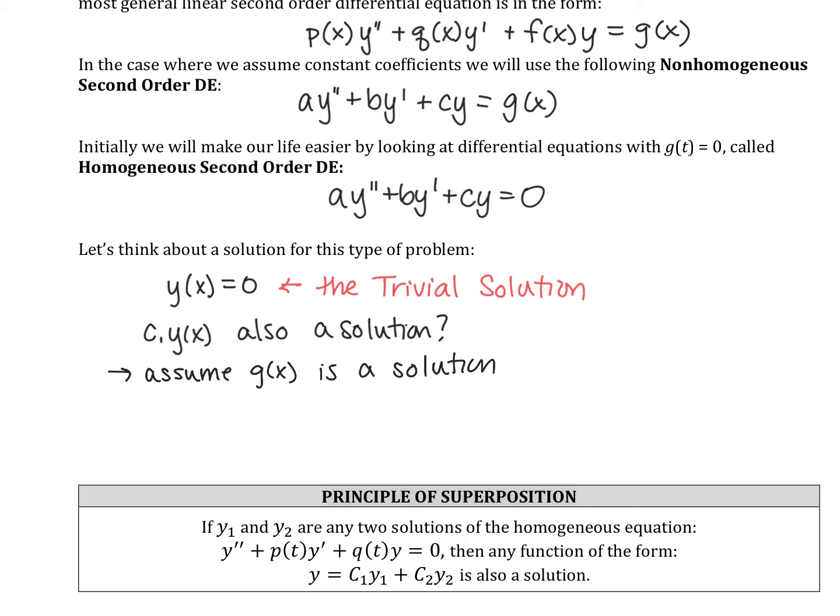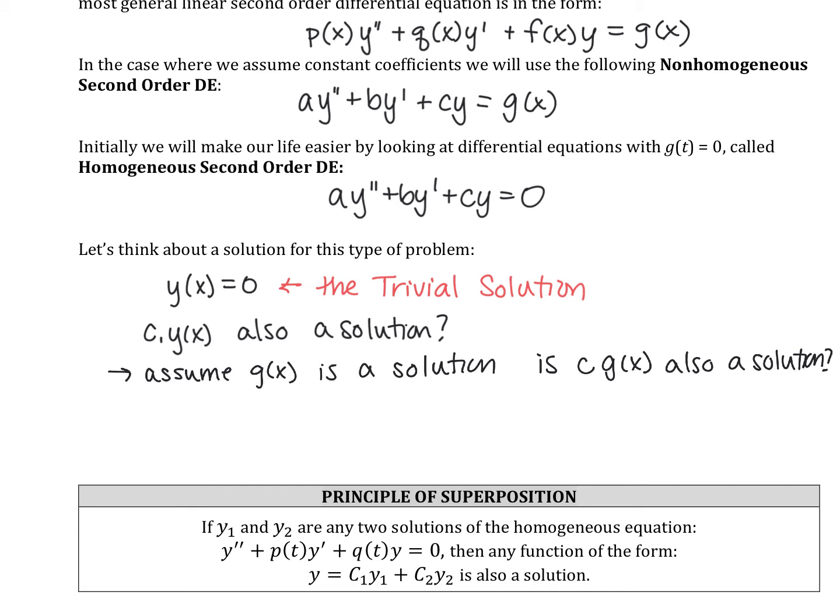If g of x is a solution, is c times g of x, some constant times g of x, also a solution? Okay, we know for the trivial solution it works because what happens when I multiply a constant by 0? We still get 0. So regardless of what I plug in there, it's still going to be 0. But does it hold for any solution?